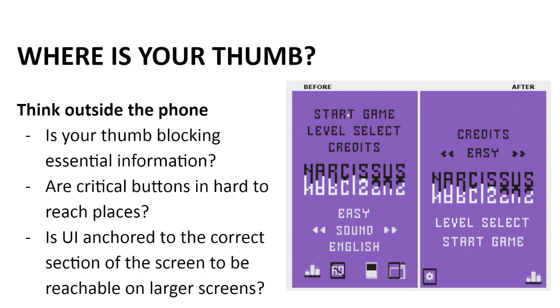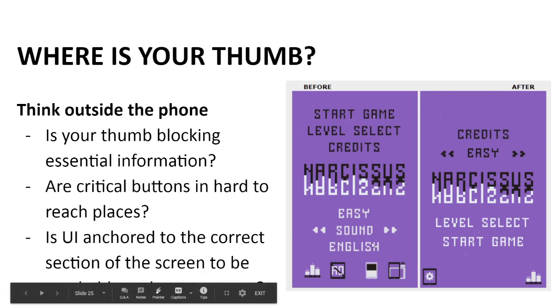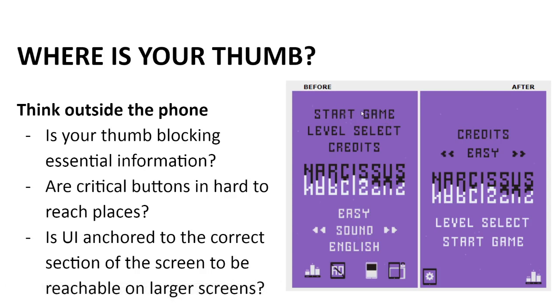A great example of this from my own work with Narcissus was what the original UI looked like. I wanted, as with a lot of arcade games, the start game button to be at the top. If you think about where your thumb is down here, that is a ridiculous stretch to get to that start game button.